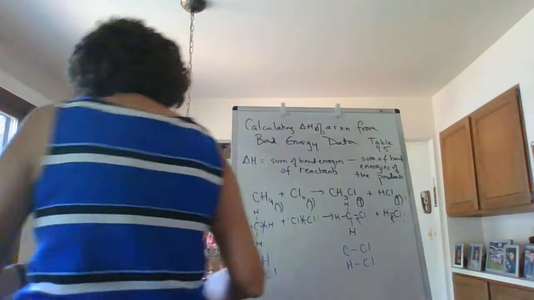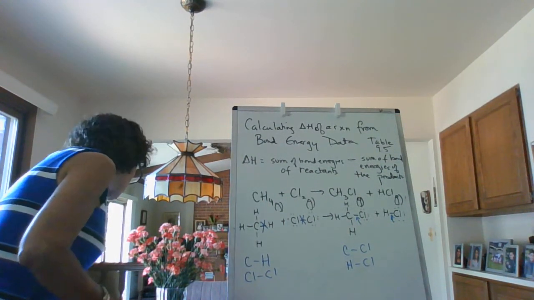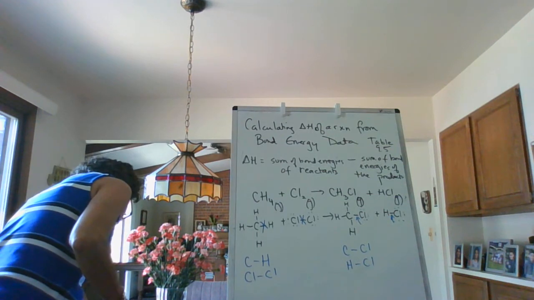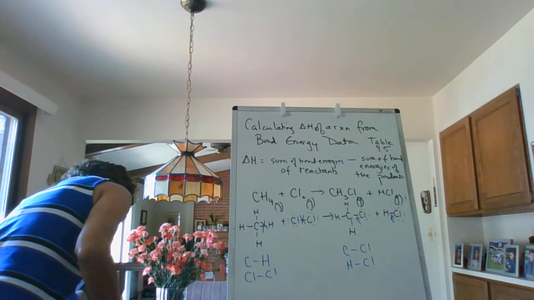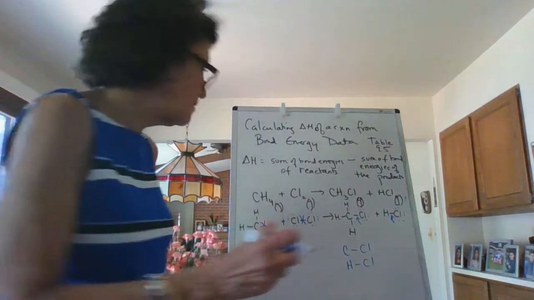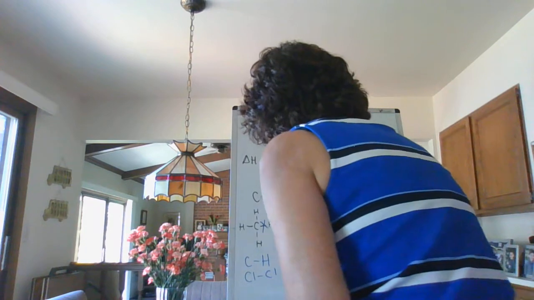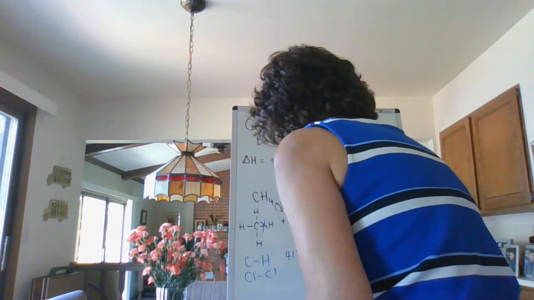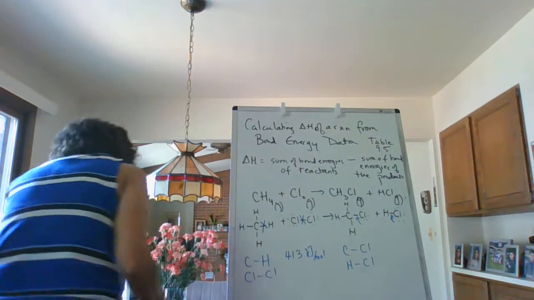Carbon-hydrogen, I have it over here, but let me double check in this book. Carbon-hydrogen says here 413. Okay, so this is 413 kilojoules per mole. Chlorine.